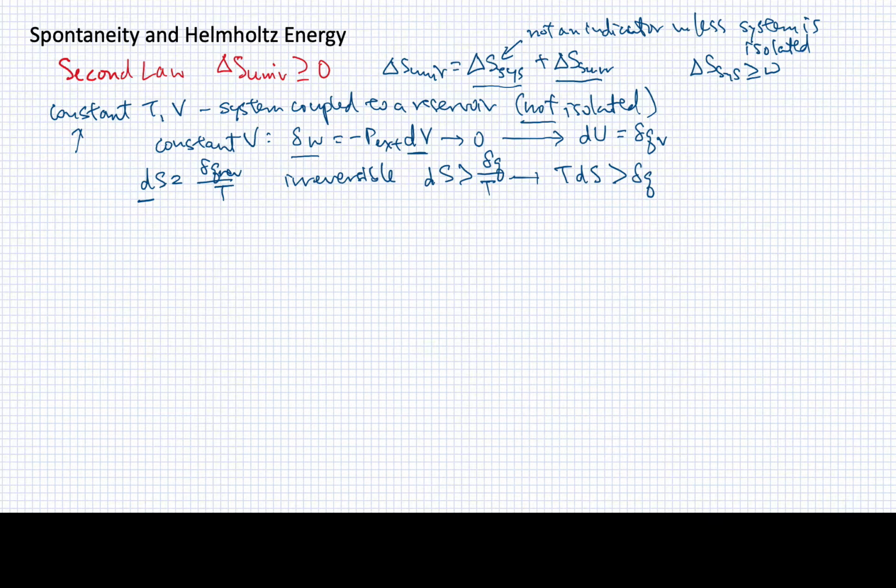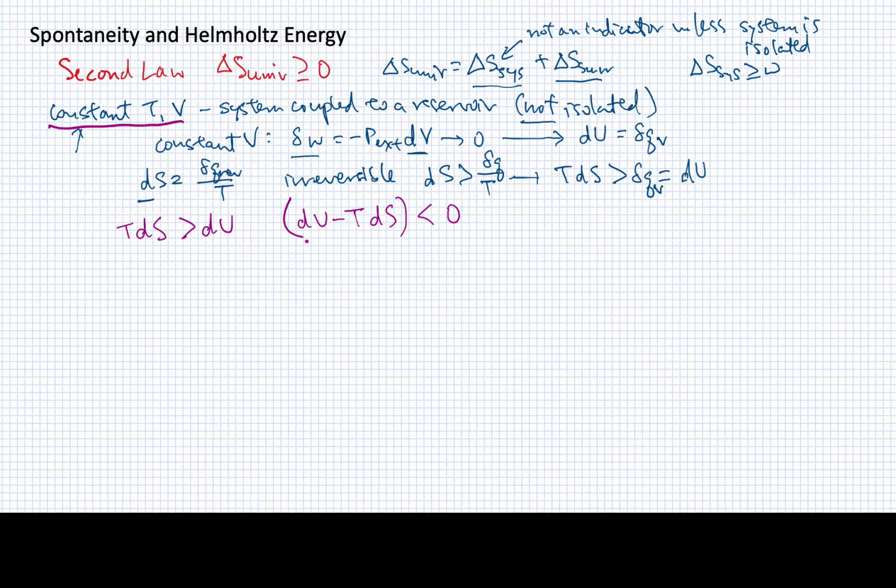Now if I bring down dU, so we'll make this heat at constant volume, then I have the condition that T dS is greater than dU as a condition for a spontaneous change that takes place under constant temperature and volume. But what does this really mean? What if I rearrange this and say that dU minus T dS, all on one side, has to be less than zero.